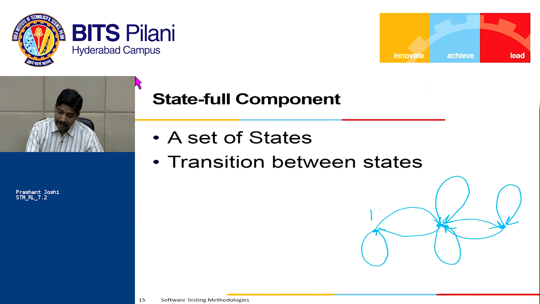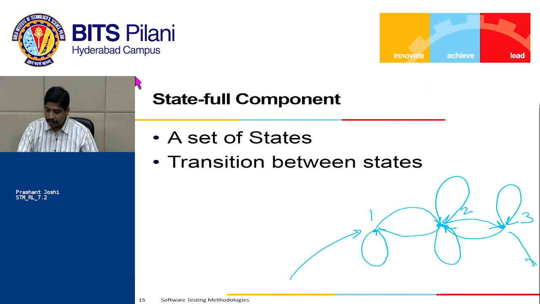Do you see that I can call them nodes 1, 2 and 3, and I would have a directed graph. If I have a starting point and an ending point in this graph, I will be able to create the entire transition between nodes 1, 2 and 3.